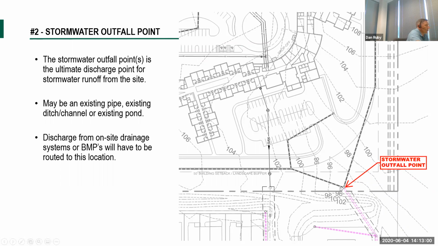But what we do end up with is a very specific point where the stormwater pipe has been stubbed to our site, where we need to send all our drainage, presumably to go to a regional BMP. So that sets a very defined point and a depth of where we need to convey our stormwater to. So depending on where that is can drive a lot of decisions on how to be as efficient as possible with our stormwater system.